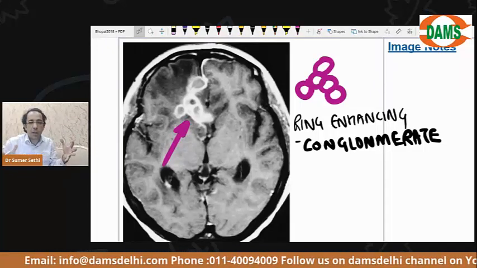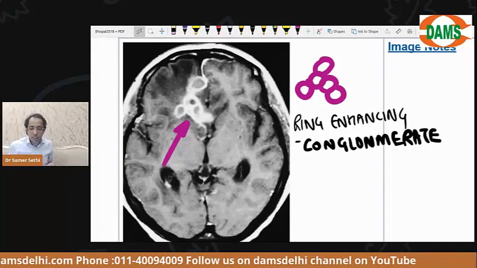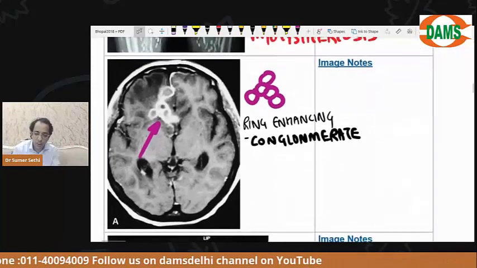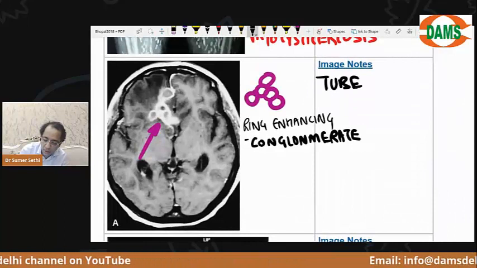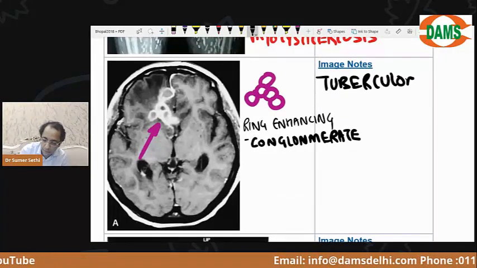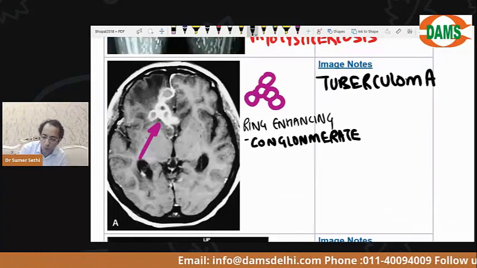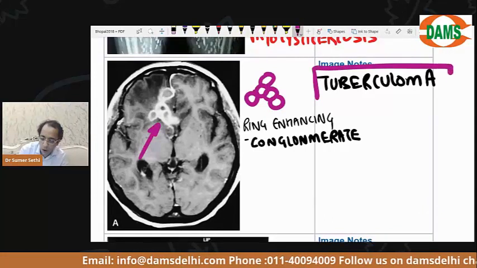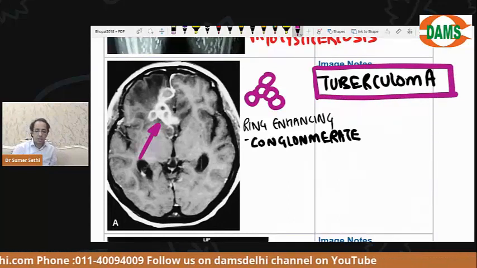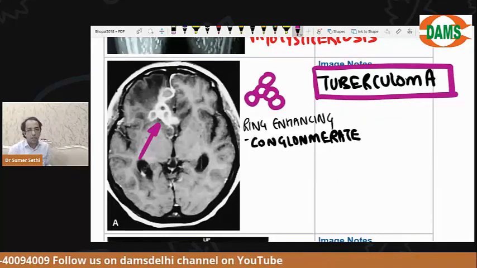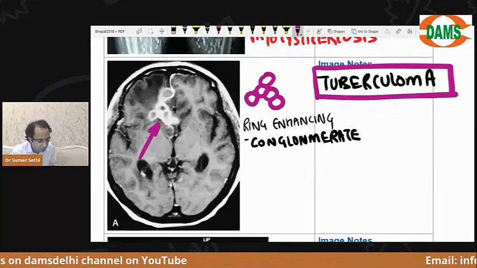TB lesions join together. So when I see these conglomerate ring lesions, I know this is not NCC, this is tuberculoma. Are you clear now? Once you see conglomerate ring lesions, we know this is TB. As we were taught in college, if they are joined together, it will be TB.